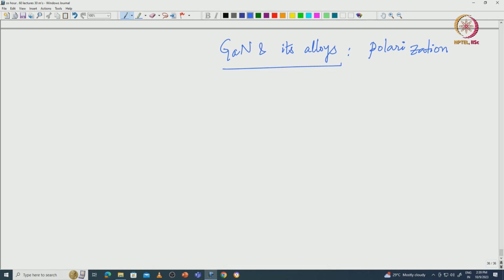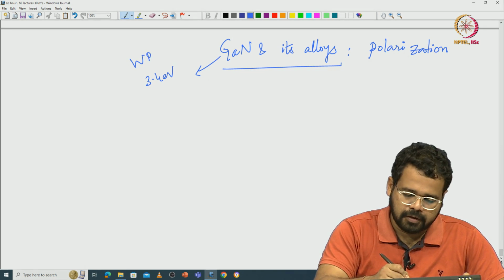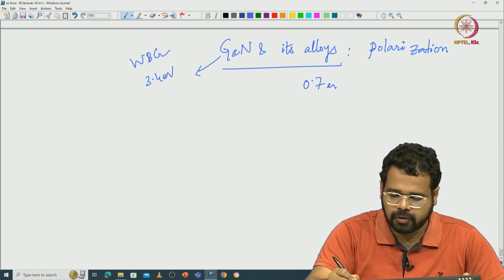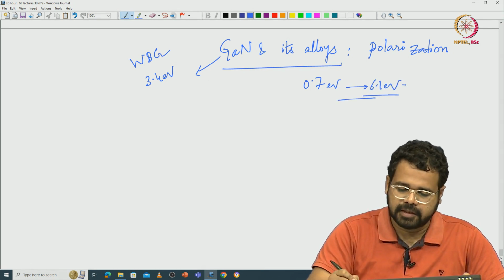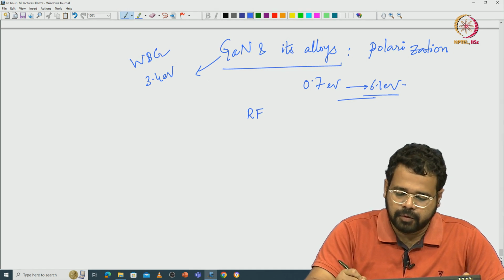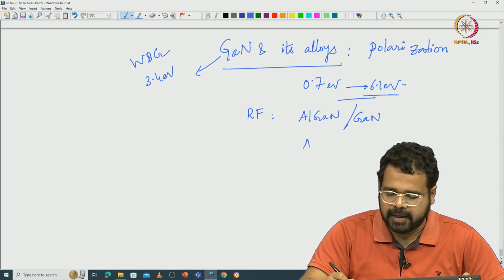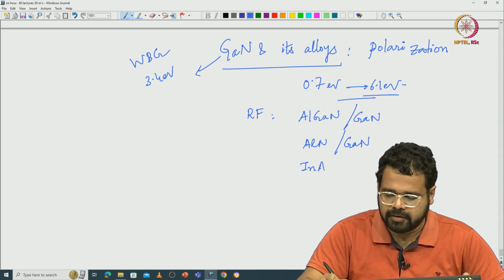Okay. You have to remember that gallium nitride has a band gap of 3.4 electron volts, so that is a wide band gap. Okay. And although its alloys can go from 0.7 electron volt to 6.1 electron volt, for most practical purposes for the RF devices we typically talk about AlGaN-GaN heterostructures, or AlN-GaN for instance, indium aluminum nitride-GaN, which means the band gaps are pretty large.